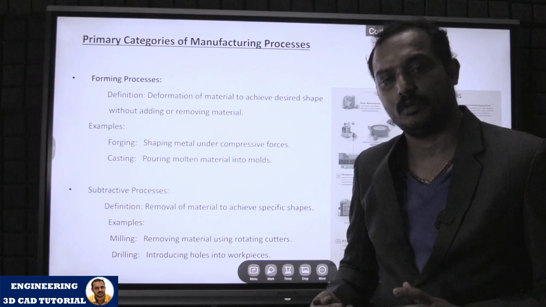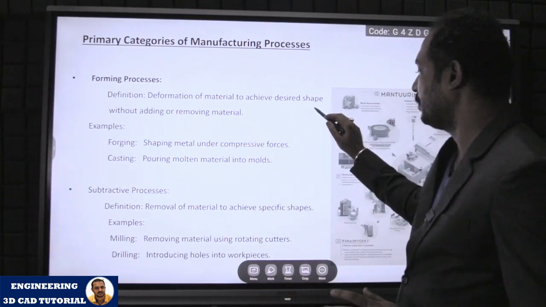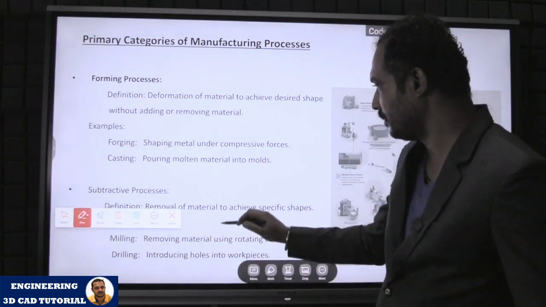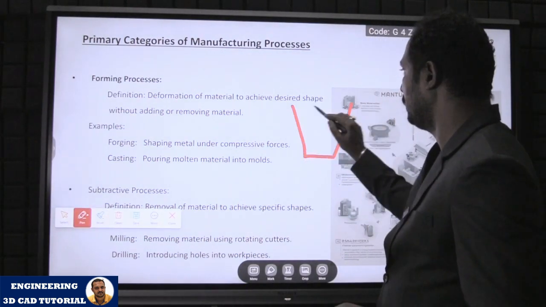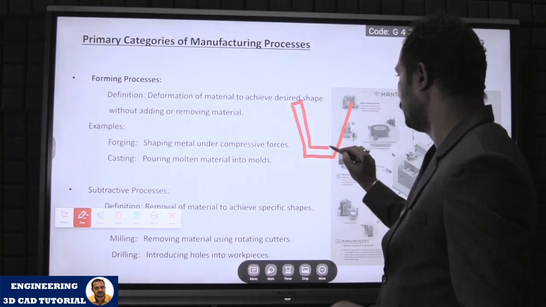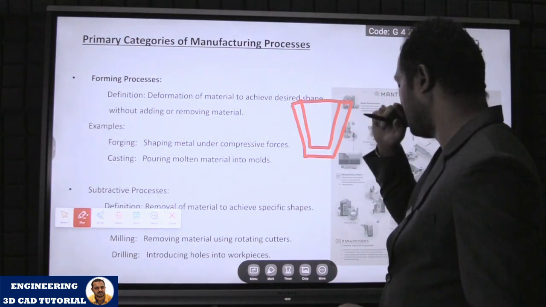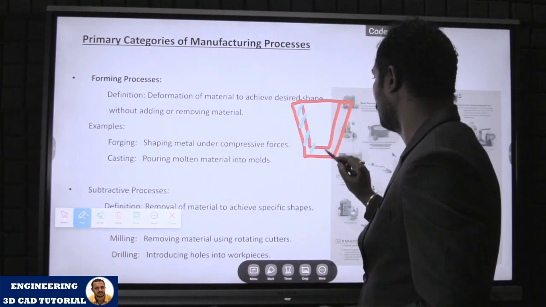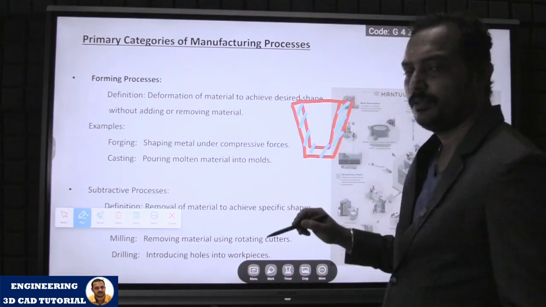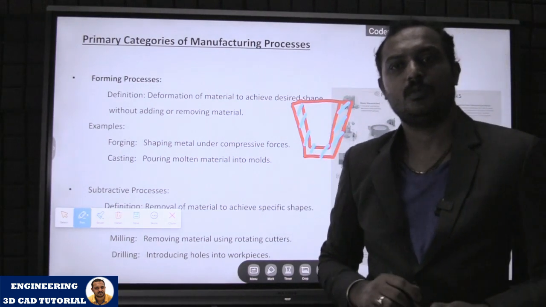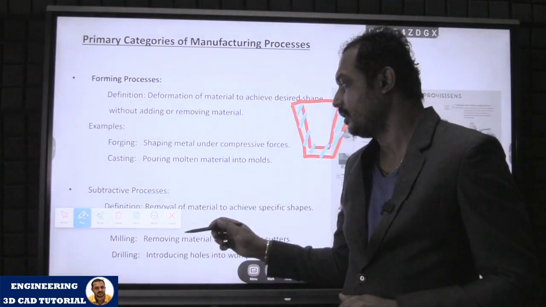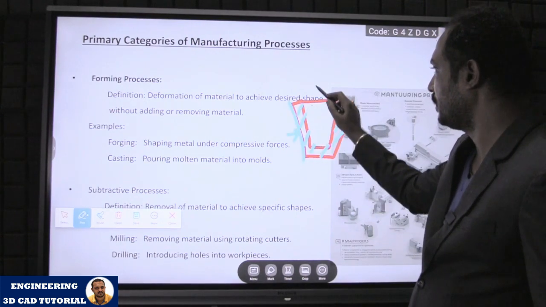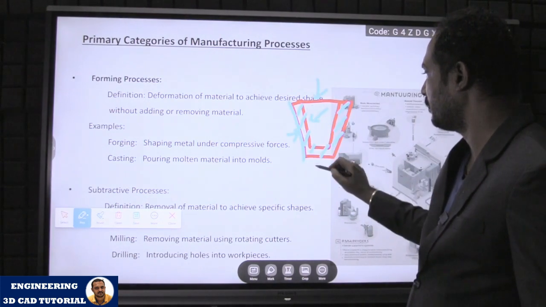So in certain cases, suppose they want to produce this type of part, a preform will be molded or cast, and they will just clean this surface a little bit, this surface a little bit, this surface a little bit.